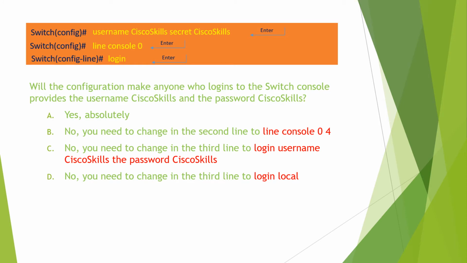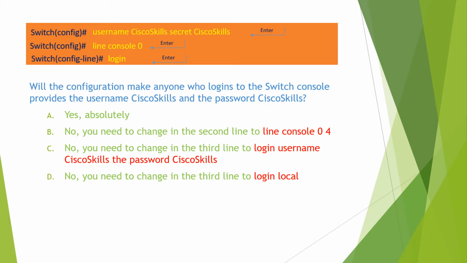The question reads, will the configuration make anyone who logs in to the switch console provide the username Cisco Skills and the password Cisco Skills? By looking at the configuration, we see that the command over here, login, will force the user to log in with the simple password.